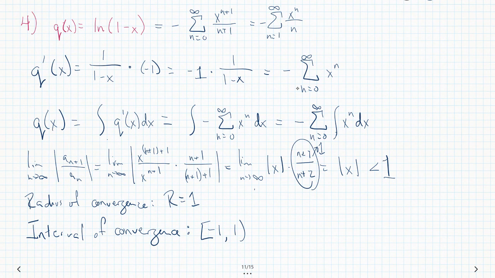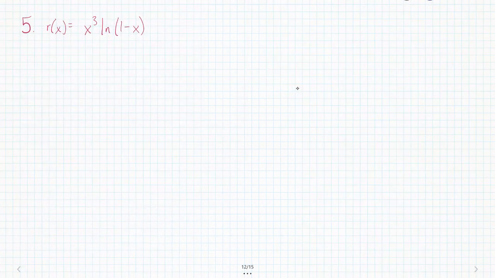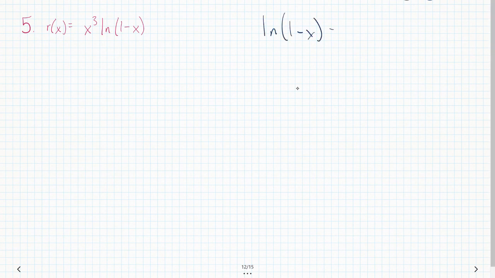So, alright, so we have the natural log of 1 minus x. That thing has a nice summation. I'll write it down again here. So this is negative summation, if we use n equals 0 to infinity, you can write that as x to the n plus 1 over n plus 1.